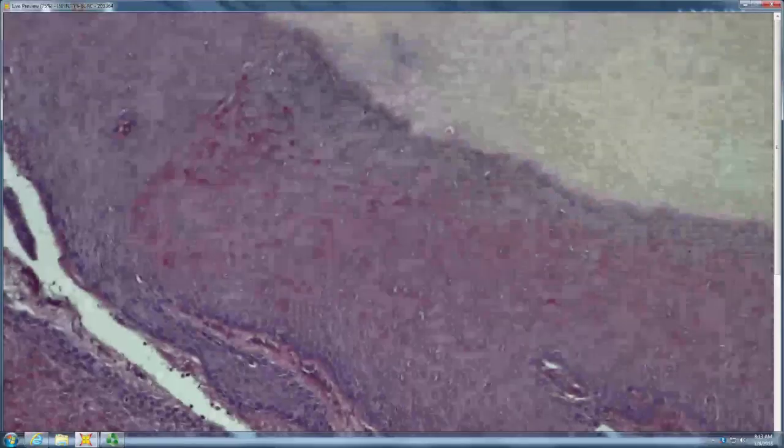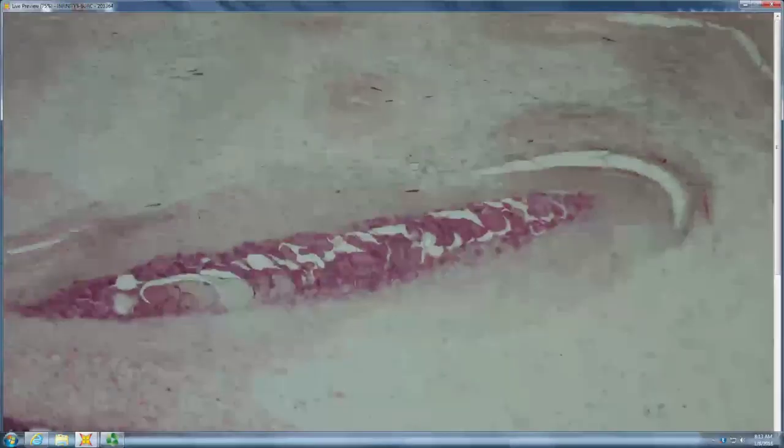And this now is a stain that looks like a PAS. Doesn't look like an acid fast stain. And let's see if we see.